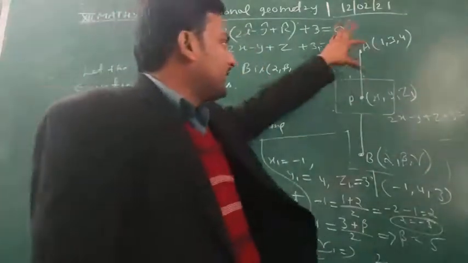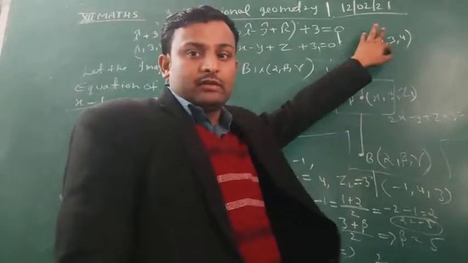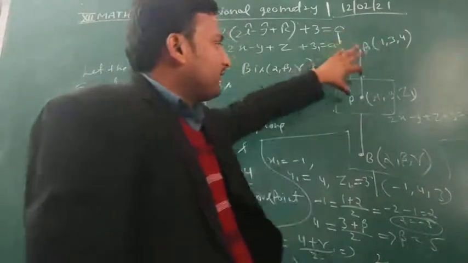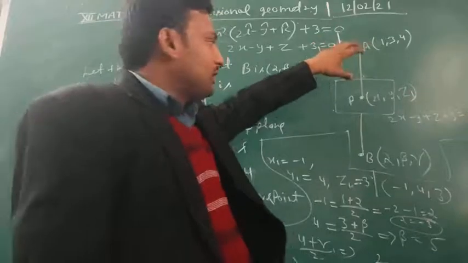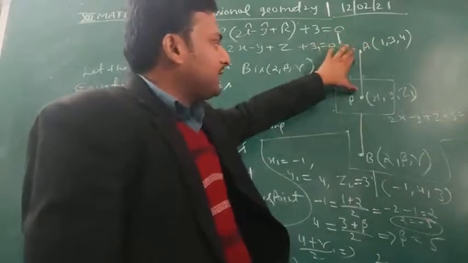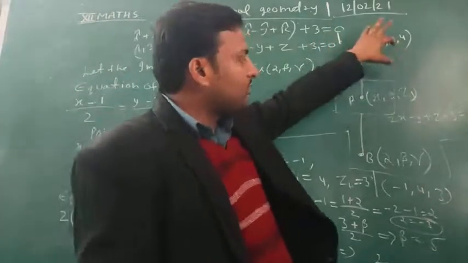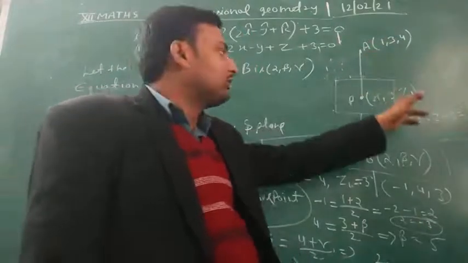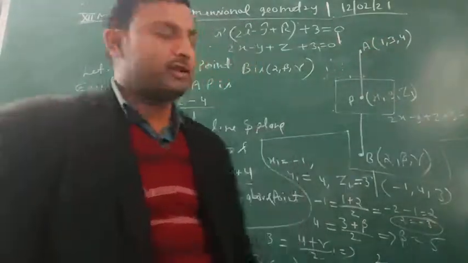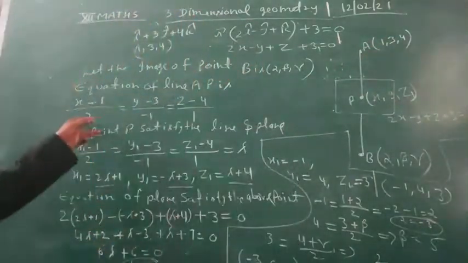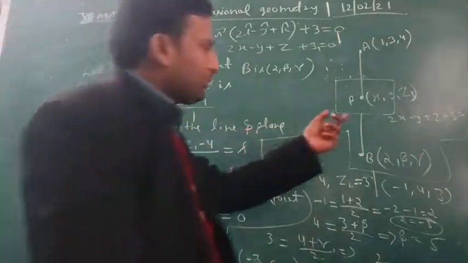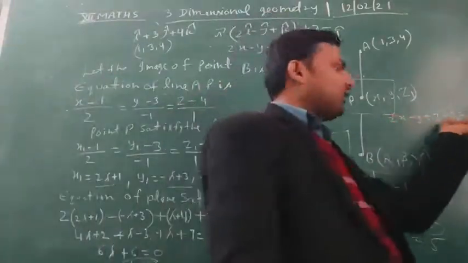We are given the point x1, y1, z1, but the direction ratio is not given. But this line is parallel to the normal of the plane, so the direction ratio will be the same. So we can use 2, minus 1, 1, the direction ratio normal to the plane.